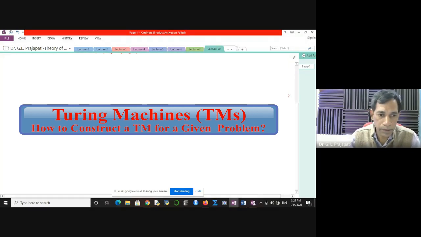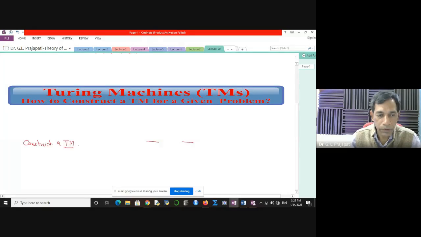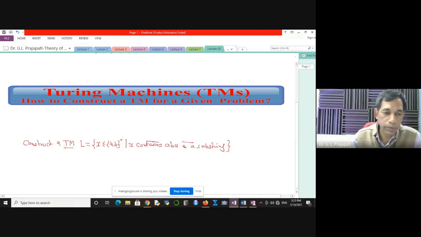Let us construct the Turing machine for the language L equal to the set of X, where X is in {A, B}*, such that X contains ABA as a substring. So this is the language we are having.